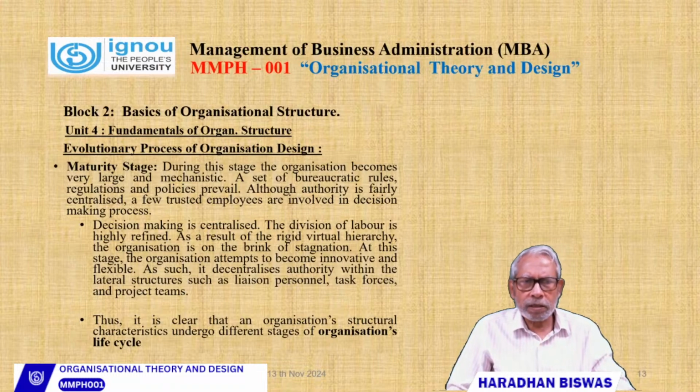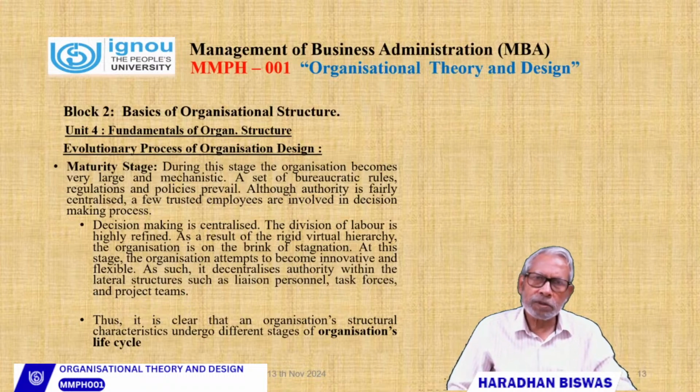Now, decision-making is centralized. The division of labor is highly refined. As a result of the rigid hierarchy, the organization is on the brink of stagnation because of the bureaucracy, and sometimes things are not moving the way they are set.